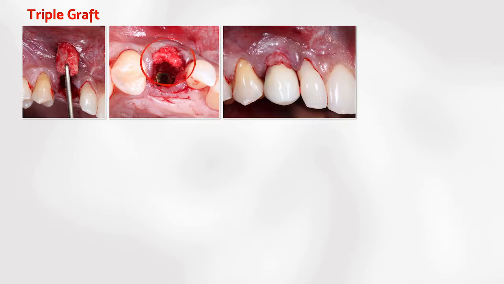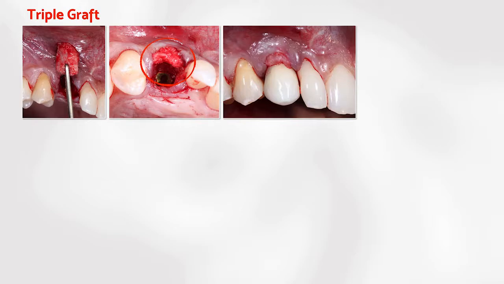First of all, we introduced the triple graft in the right position. This graft was stabilized by juxtaposition, by a very good adaptation between the graft and the remaining bone. And it was packed between the triple graft and the implant particulate bone, as you can see here.